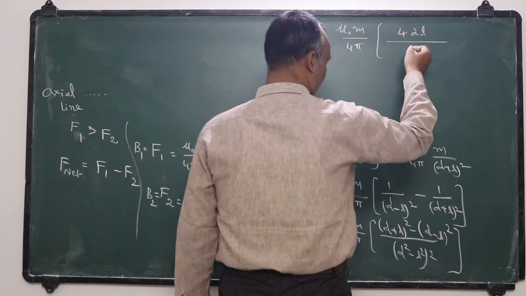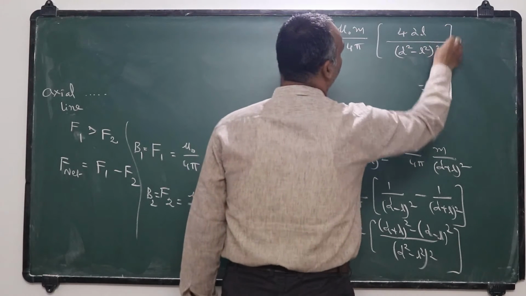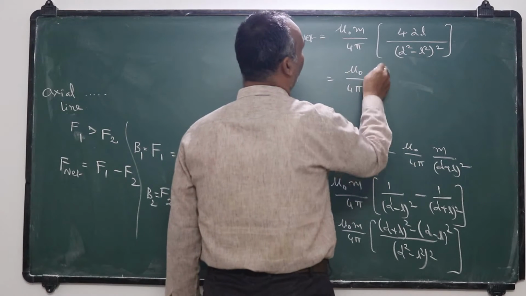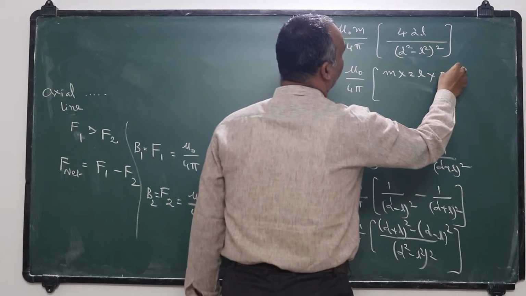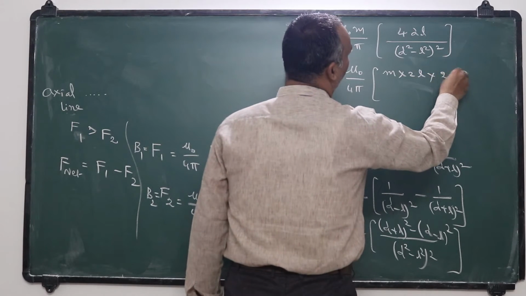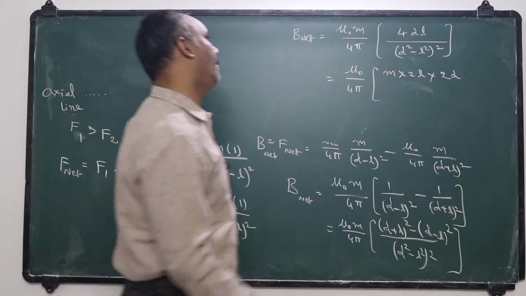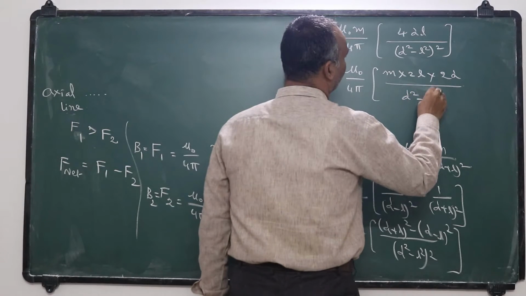So 4dL by d square minus L square whole square. If you rearrange the terms, mu naught by 4 pi into m into 2L into 2d by d square minus L square whole square.